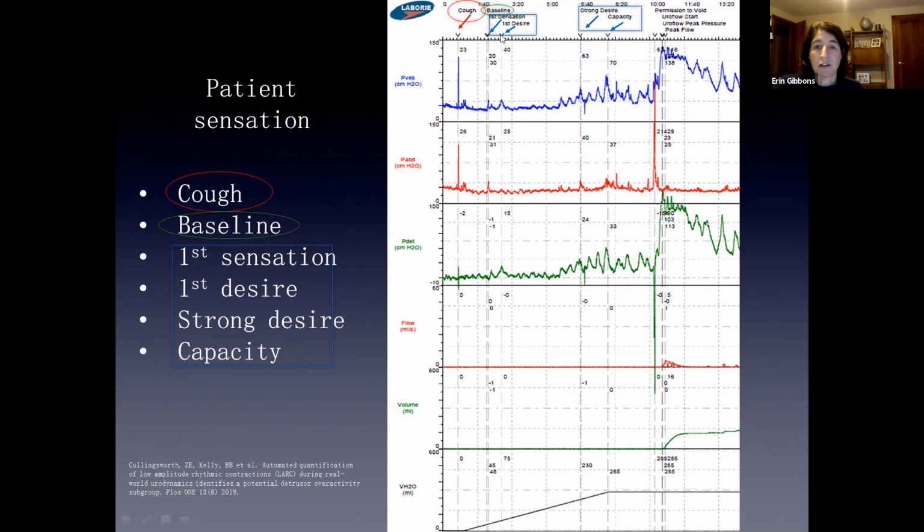As you start to fill, you always want to give the patient the instructions ahead of time. You're going to ask them for the first sensation of being filled, then when they start to have a desire to use the restroom but could delay it. And then the big one is the strong desire. Usually we tell people, when would you get up from a conversation and go use the restroom?